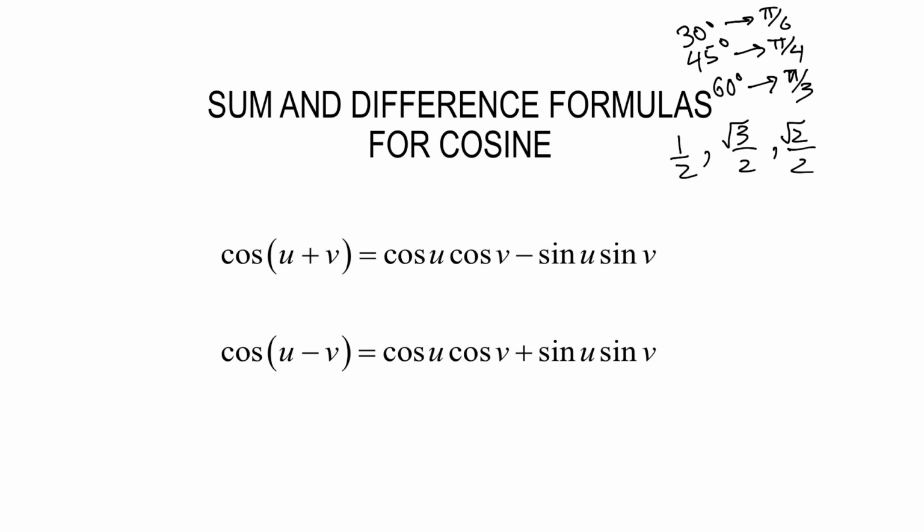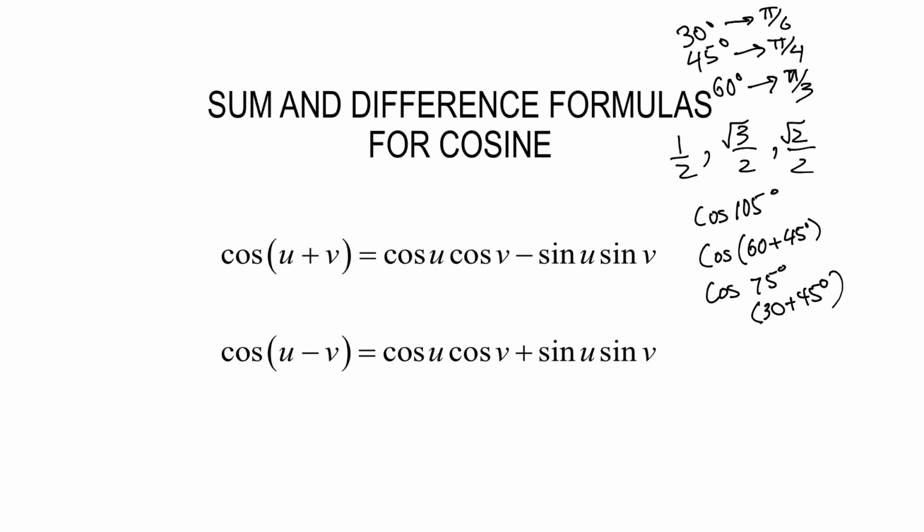If I wanted to find the cosine, for example, of 105, well, 105 can be rewritten as 60 plus 45. Or we could go with the cosine of 75 degrees, because 75 can be written as 30 plus 45.